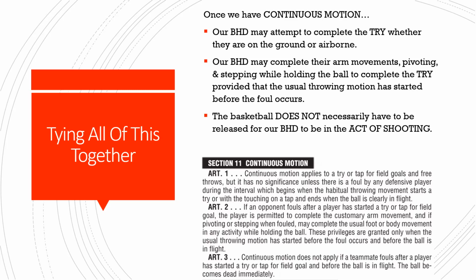And we've tied all these rules together to prove to you that not only does continuous motion apply to every level of basketball, but potentially it can start the moment our ball handler dribbler has ended their dribble and begins either a pivot, a step, or arm movement, which is part of their habitual motion in the process of a try, aka shot attempt.